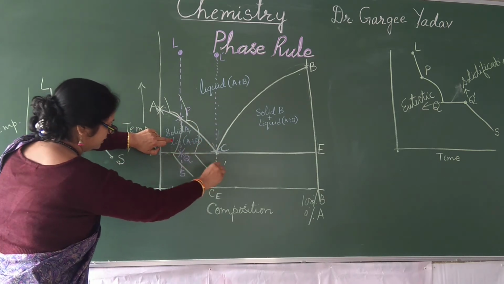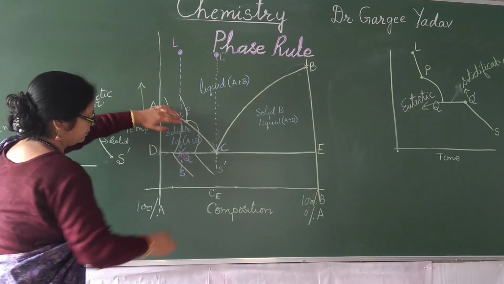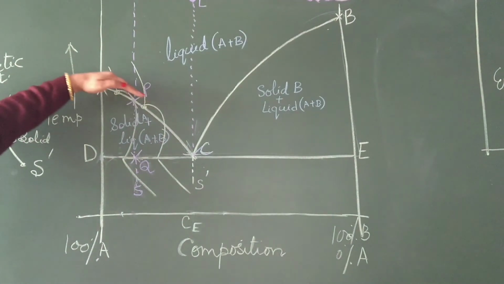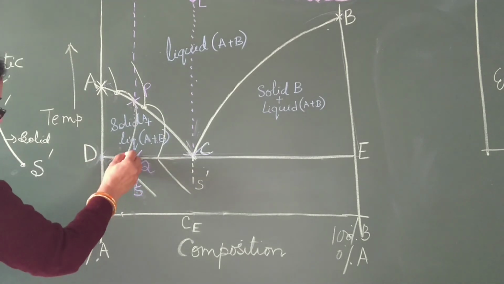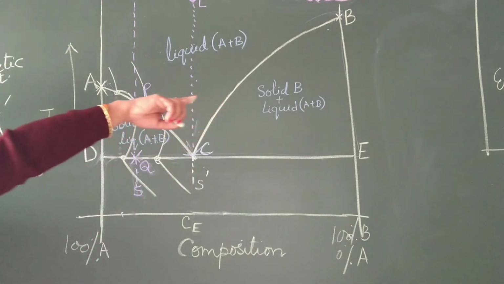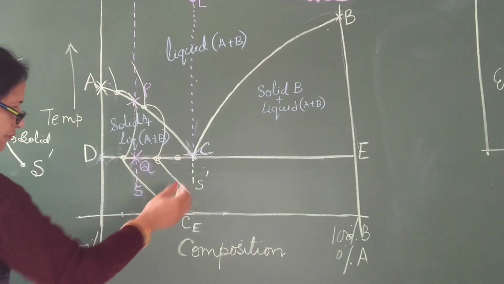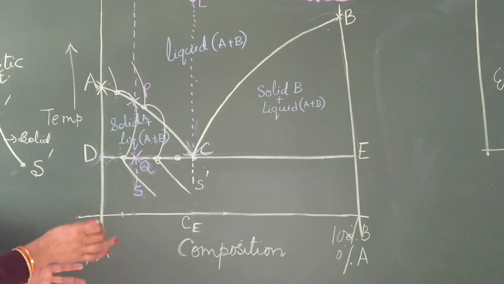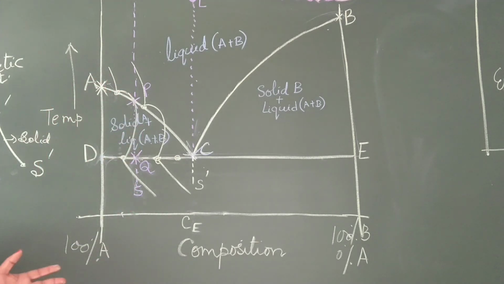These are somewhat like this, and when we join all these P points, P1, P2, P3, we will get this curve AC. Similarly, we join all these eutectic points, just refer to that graph. We will join all these eutectic points for different compositions, and in this way a phase diagram is constructed.